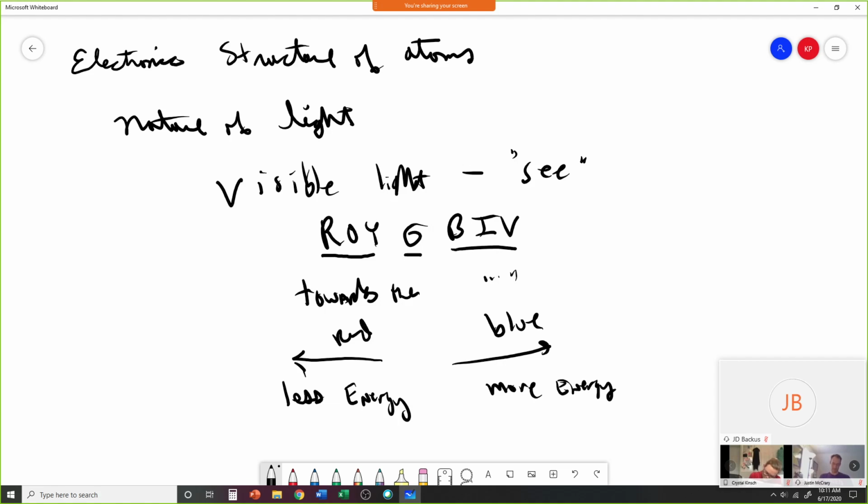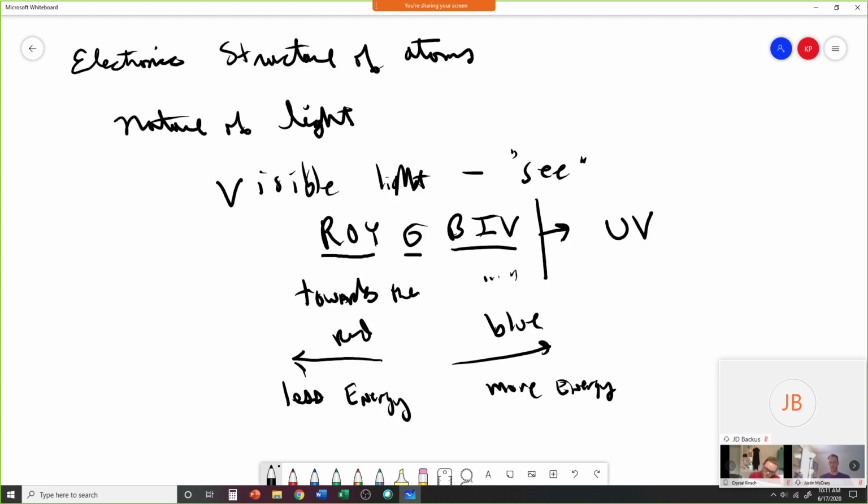Because when you're dealing with light, you have to be able to say which way you are going. It's not enough to say turn the dial on the laser. You would say, turn it a little bit towards the blue, or a little bit towards the red. And in fact, if you go beyond what you can actually see, we go out into the UV, which is beyond violet, because that's what UV means, ultraviolet.